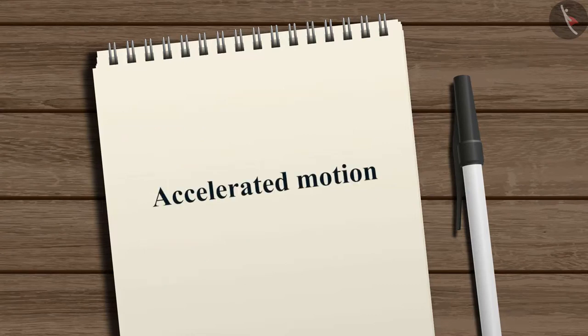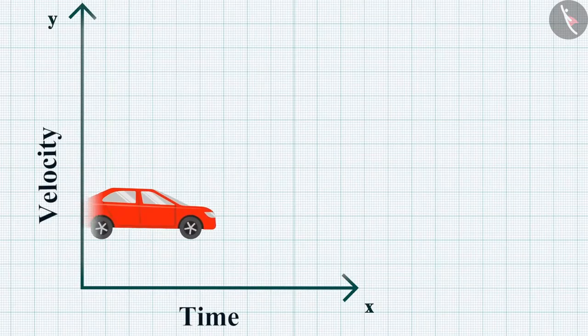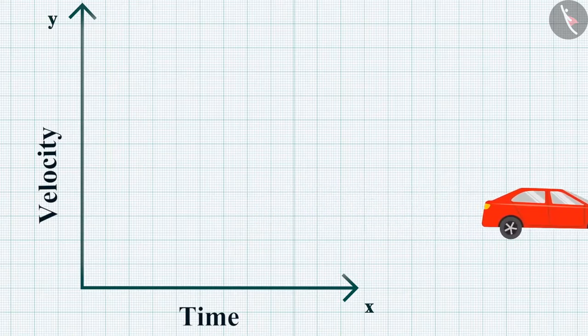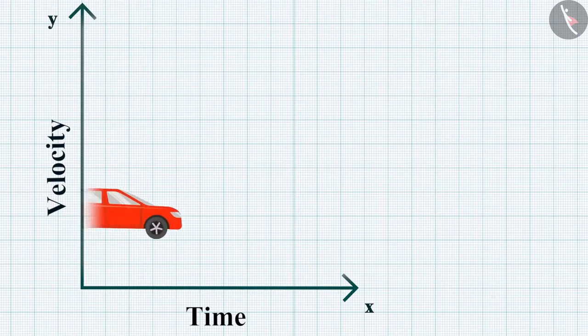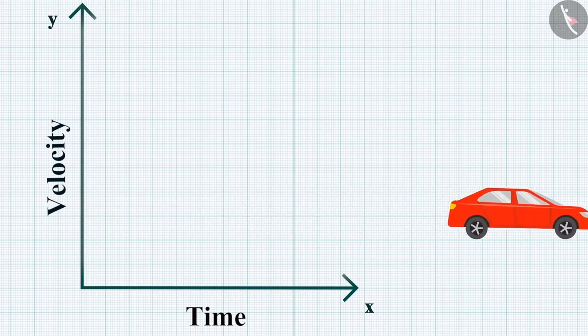Now, let us consider the accelerated motion. Let's first discuss the effect of uniform acceleration on the velocity-time graph. In uniformly accelerated motion, velocity changes by equal amounts in equal time intervals.